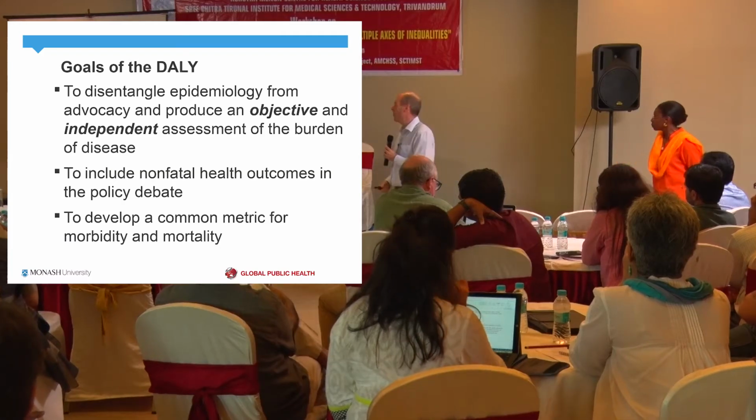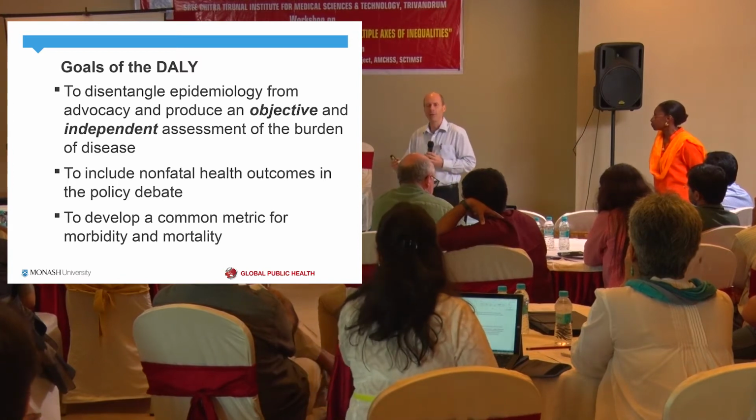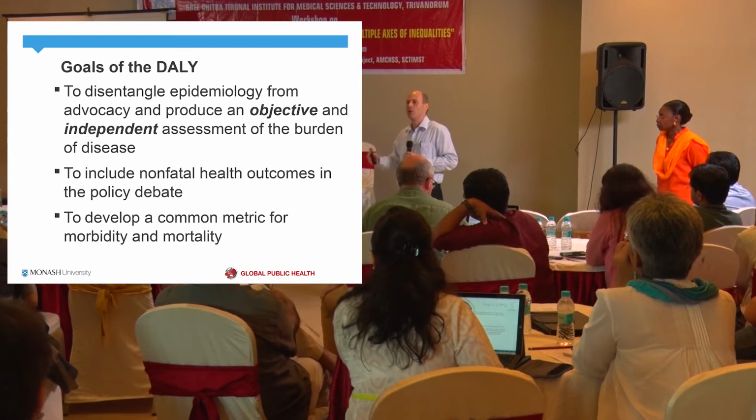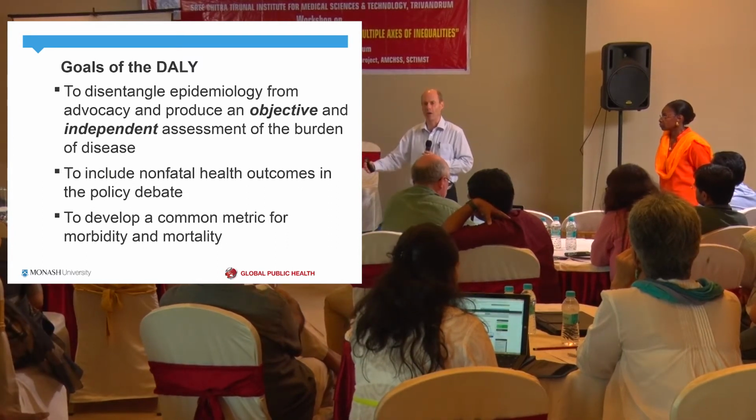So the goals of the DALY in trying to develop this new measure was to disentangle epidemiology from advocacy, because a lot of the advocacy occurred because you didn't have a good metric of population health, so people would assert where their health was. You know, we're in desperate need, you ought to give more resources to us, but it wasn't on the back of any solid evidence.